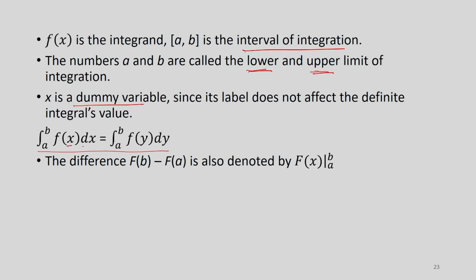As you can see, on the left hand side I have used the variable x. On the right hand side everything remains the same, only the variable has been changed from x to y, and the claim is that left hand side is equal to the right hand side. The reason being x is a dummy variable, it does not really matter what variable I take, the value of the definite integral remains the same.